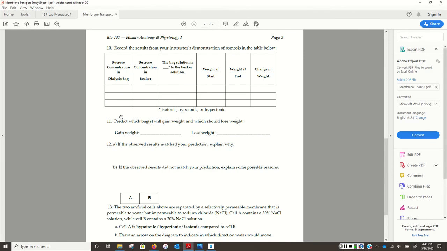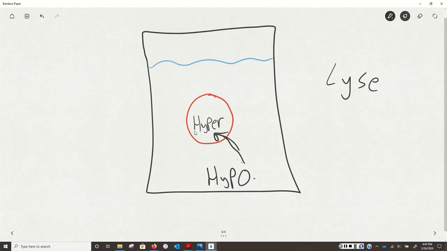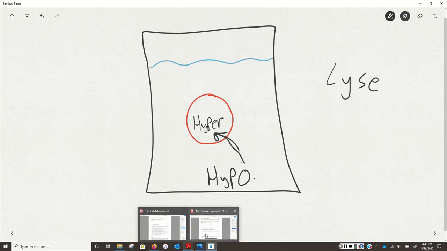Some of that solution is put down into something called a dialysis bag. A dialysis bag really is just an artificial cell. Then I seal up that dialysis bag and I put it down in a beaker. So what we end up with is this setup: a beaker with a solution and a cell down inside of it. And we have all three scenarios. And then we watch to see what happens.